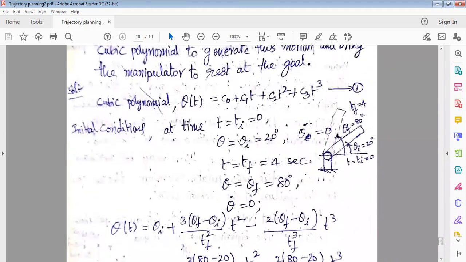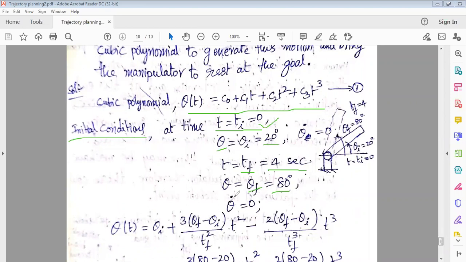So this is the cubic polynomial function. What are the initial conditions? At t equal to ti, theta is theta i, where ti is equal to 0. So the initial time is 0 and the angular displacement initially is 20 degrees. At the time tf equal to 4 seconds, theta f is equal to 80 degrees, the final angular displacement.